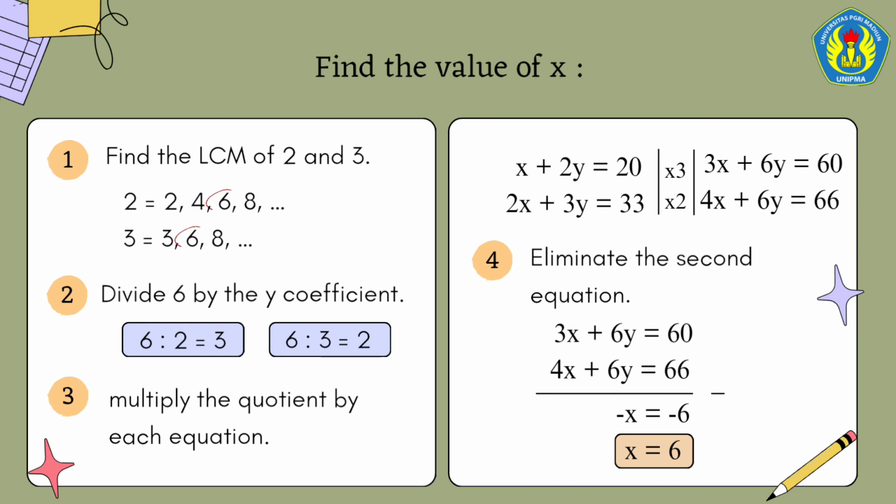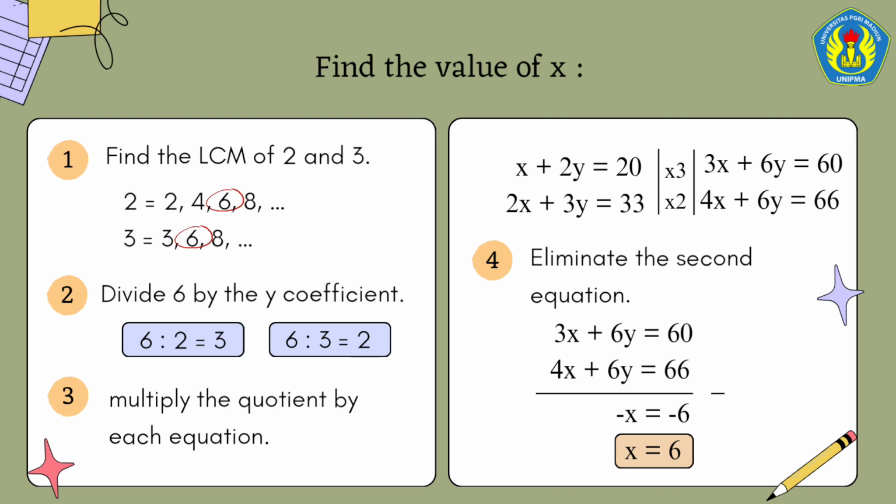After knowing that the LCM of 2 and 3 is 6, we divide 6 by the respective y coefficient. 6 divided by 2 equals 3, multiplied by 3 for the first equation. 6 divided by 3 equals 2, multiplied by 2 for the second equation.